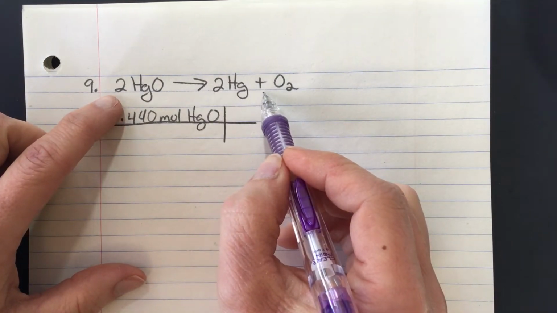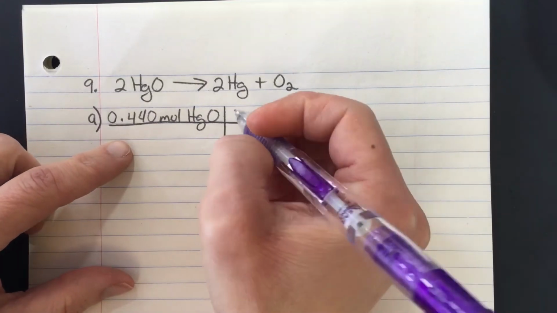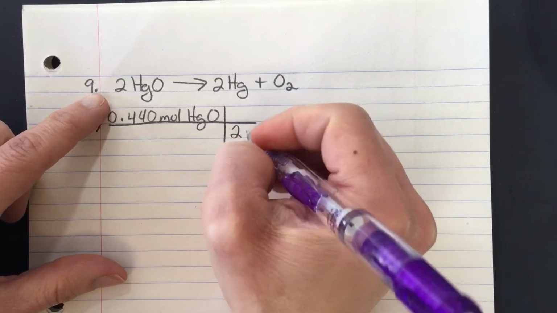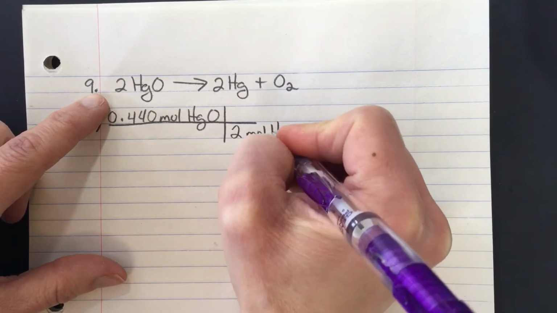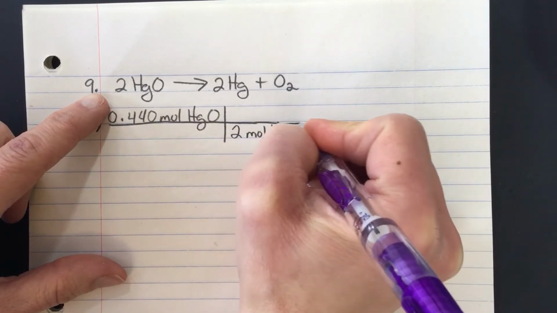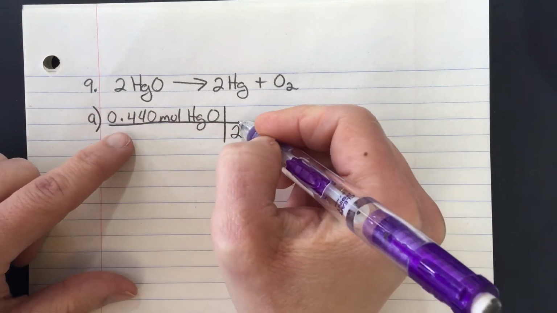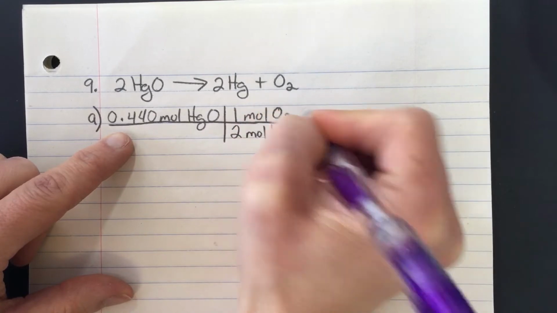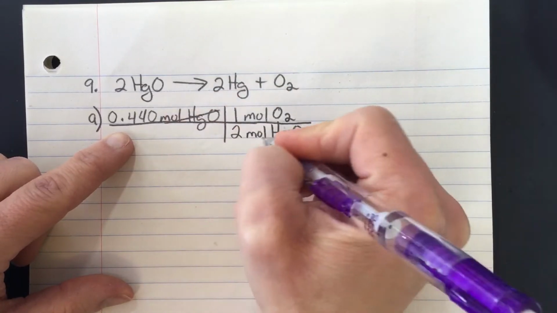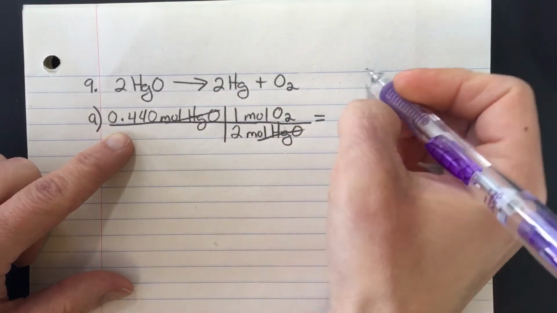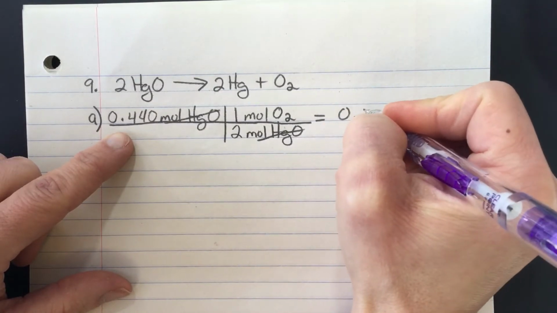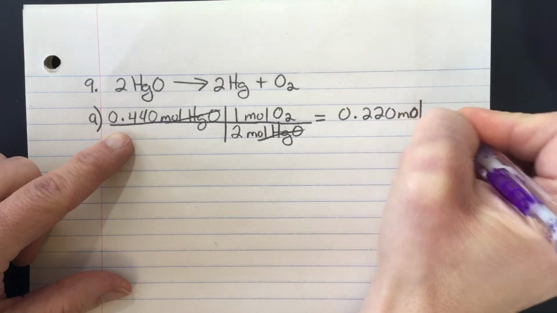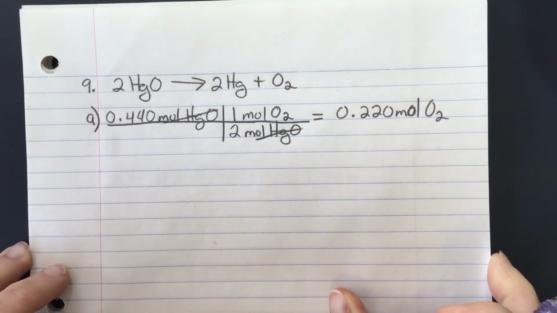So I have to go to my mole ratios here, and I know that 2 moles of mercury oxide will produce 1 mole of oxygen. And when I do that division, I end up with 0.220 moles of oxygen.